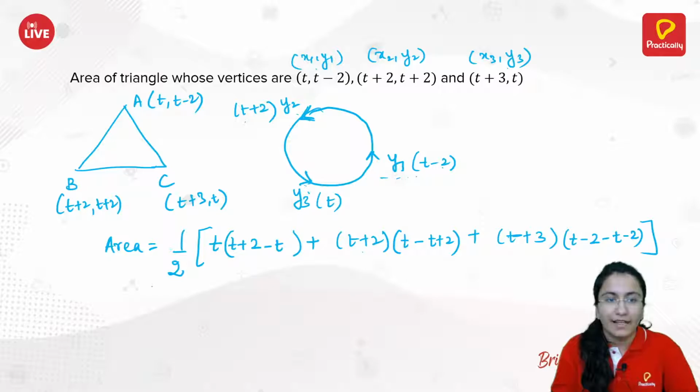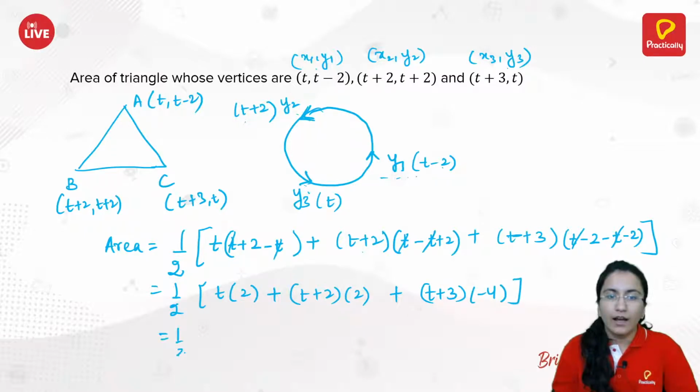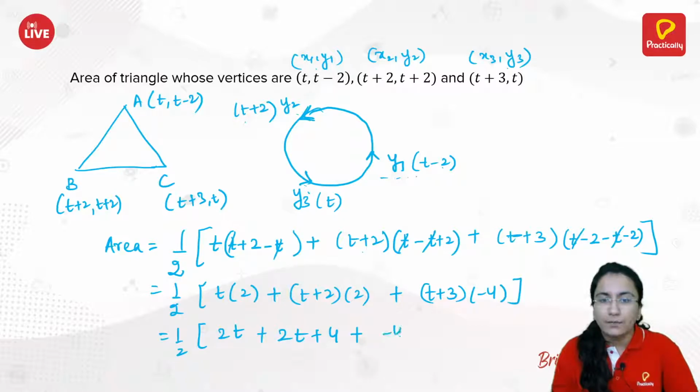Now let's just quickly calculate. This is half T into, T will be cancelled, you have 2 only. Plus, here you have T plus 2 into, you will again have only 2, T will be cancelled. Here you have T plus 3 into, again T is cancelled, and you have minus 4. Here you have half of 2T plus 4 plus of minus 4T minus of 12.